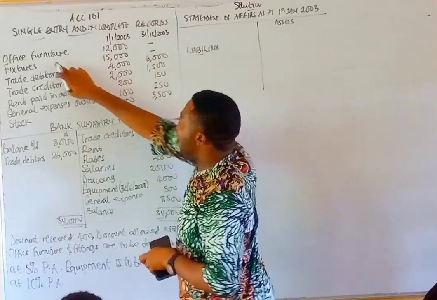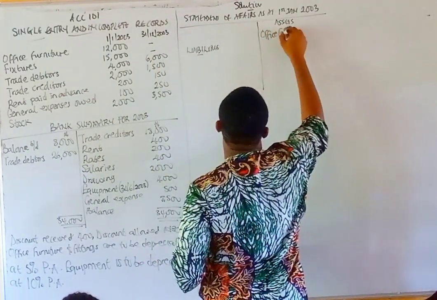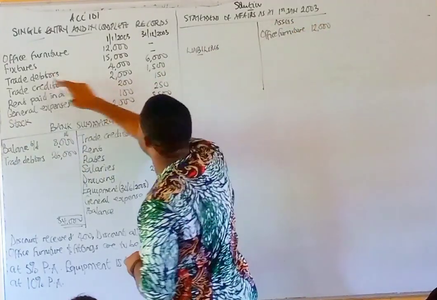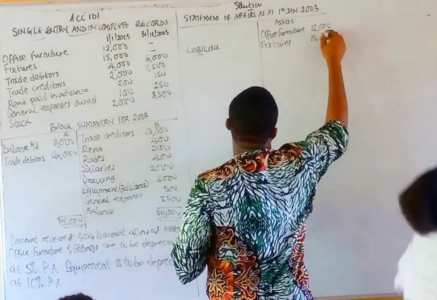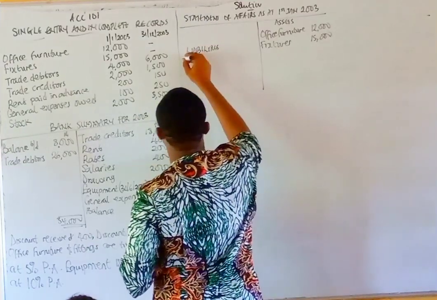Now we'll start here. Assets: office furniture, right? How much is it? 12,000. Fixtures, how much? 15,000.